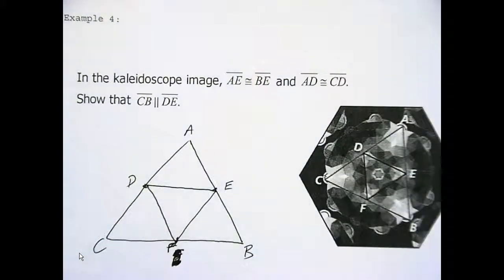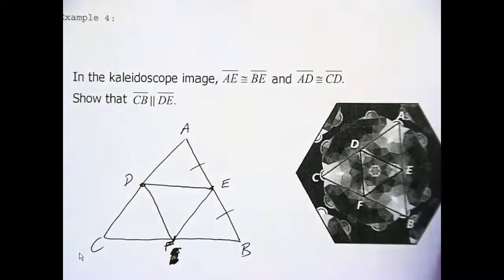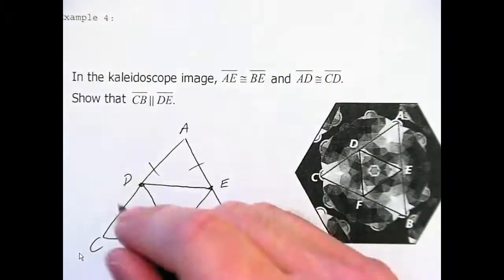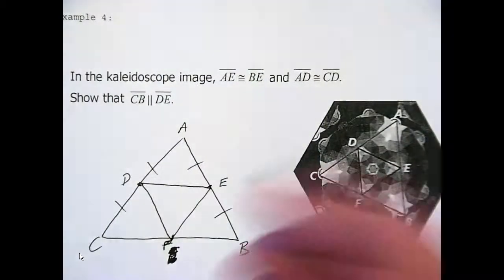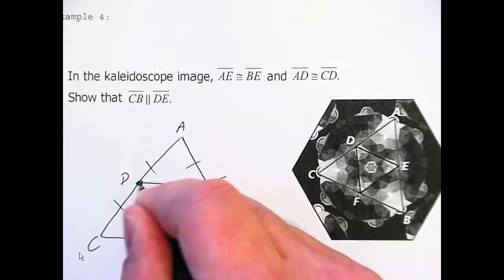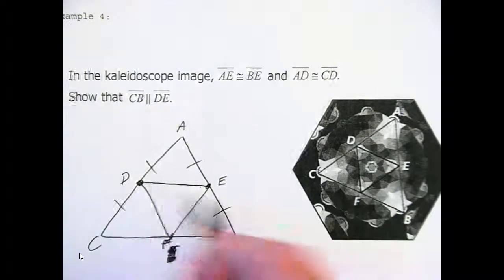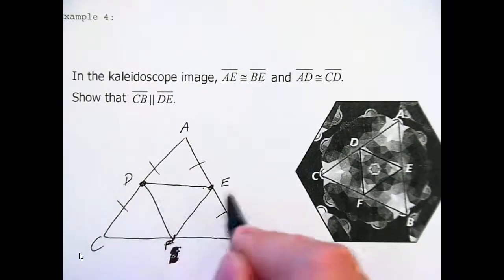Now, this right here is congruent to that. They tell us that. What does that make E and D? Midpoints. And a segment that connects two midpoints is called a midsegment.